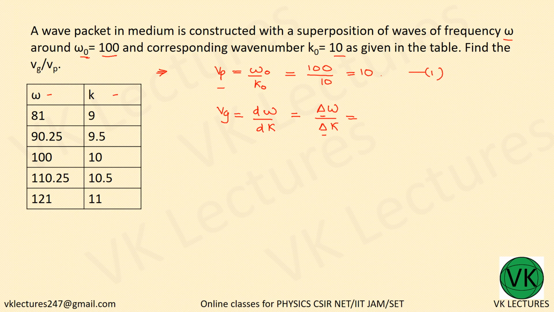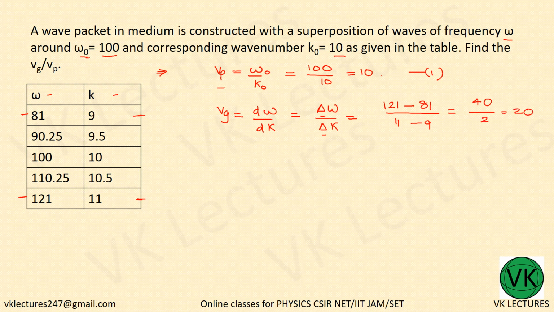Okay, so this is one value, and this is another value. Now delta omega I am taking as 121 minus 81 divided by 11 minus 9, so that's equal to 40 divided by 2, that's equal to 20.